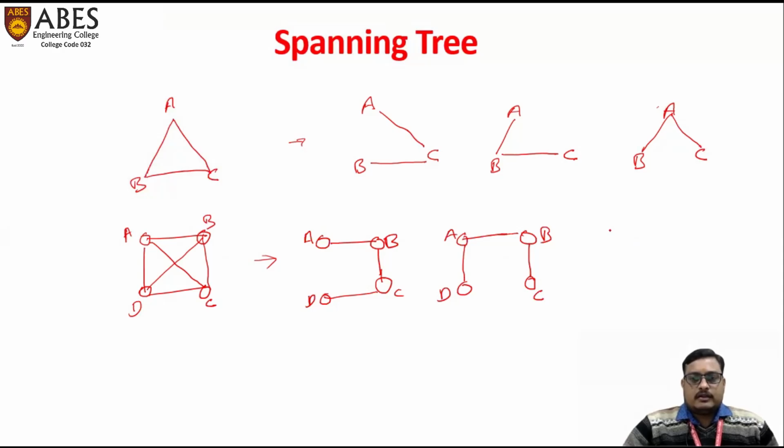We can take A to D, then we can connect A to B, and then D to C like this. This is also a possible way to connect. So basically in all these cases we are only using three edges to connect the vertices of the graph. So this number of three edges is the minimum, and these are the spanning trees.